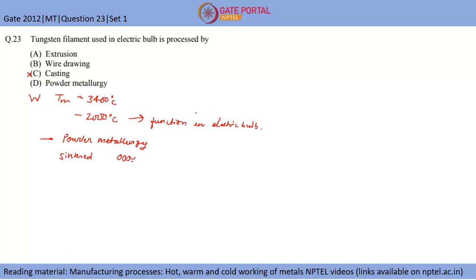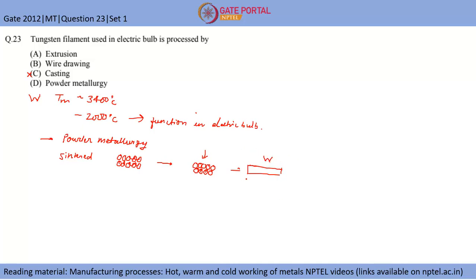First, let's say these are the particles of tungsten, and now these are compressed such that there are no gaps between these powders, and finally at higher temperature they are sintered so that you have a complete tungsten filament.